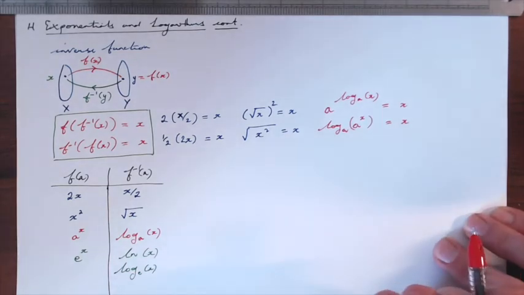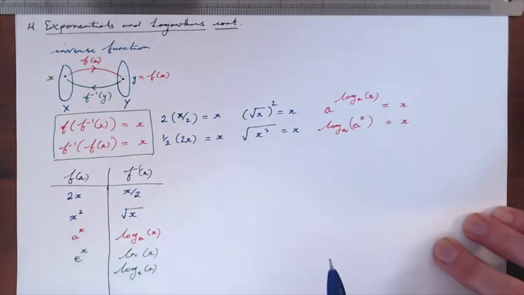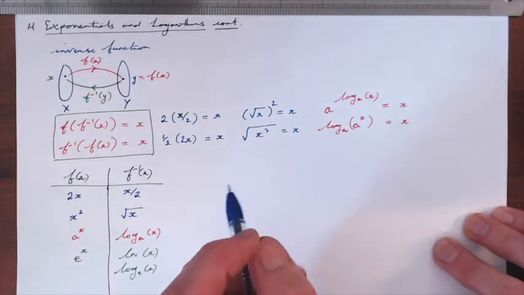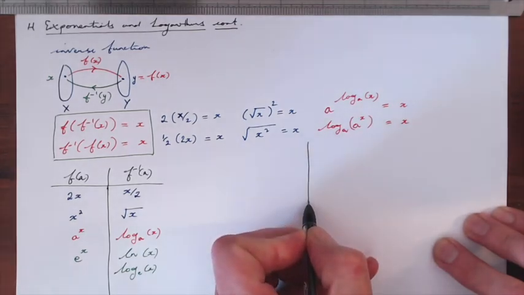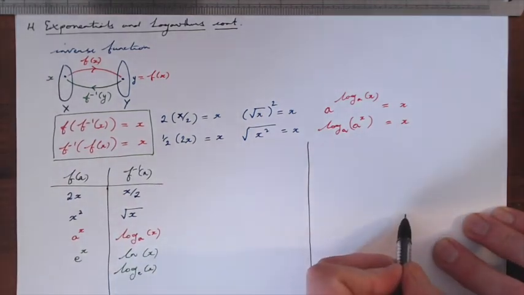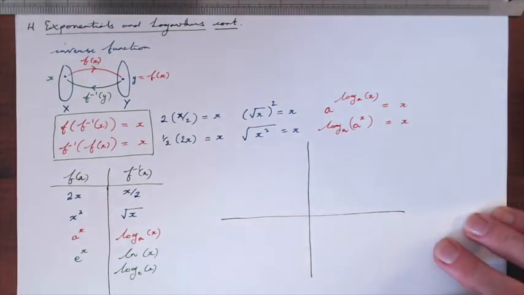So that's talking about inverse functions, and let's just get a sense of this graphically. Let me sketch an exponential function, and then let me sketch the logarithm function as the inverse. If you remember graphically, if we want to sketch an inverse function, we need to reflect the function about the diagonal.